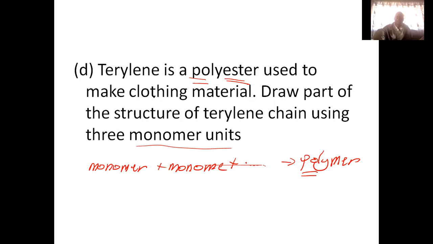And so this is a synthetic material that we use to make clothing material. And so they want us to draw the structure of terylene. I'll briefly explain how terylene is formed. It is formed from 2 monomers.